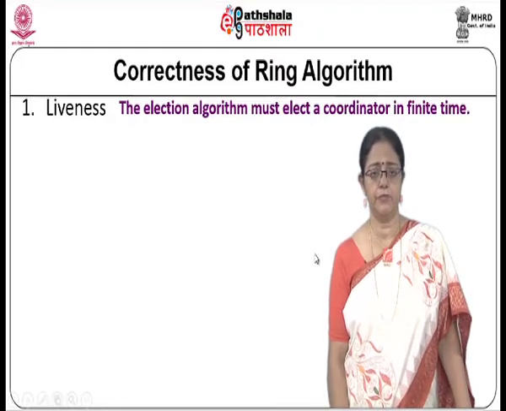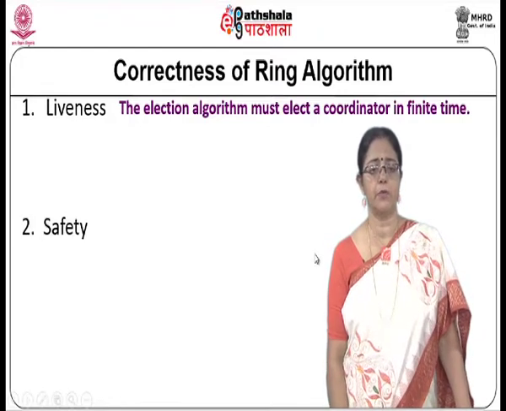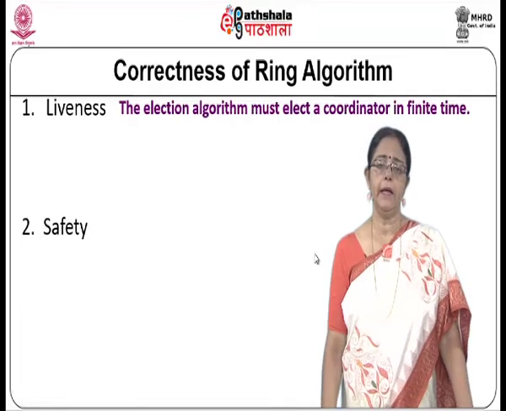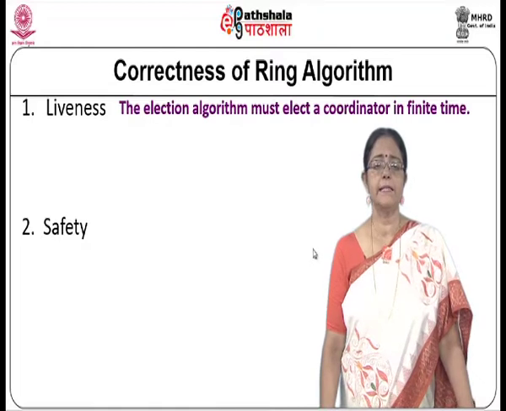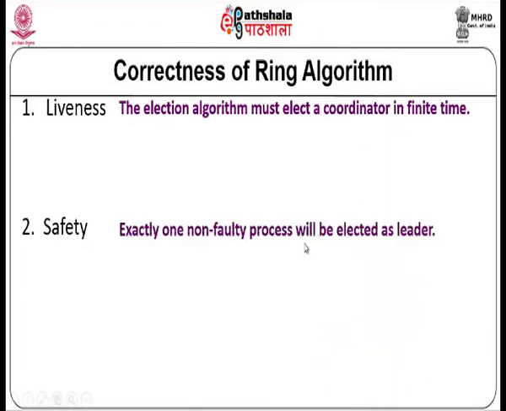That is our first correctness criterion, the liveness criterion. The second correctness criterion is safety, which says that exactly one process will be elected as leader. These are the two correctness criteria we have to verify for our ring algorithm.